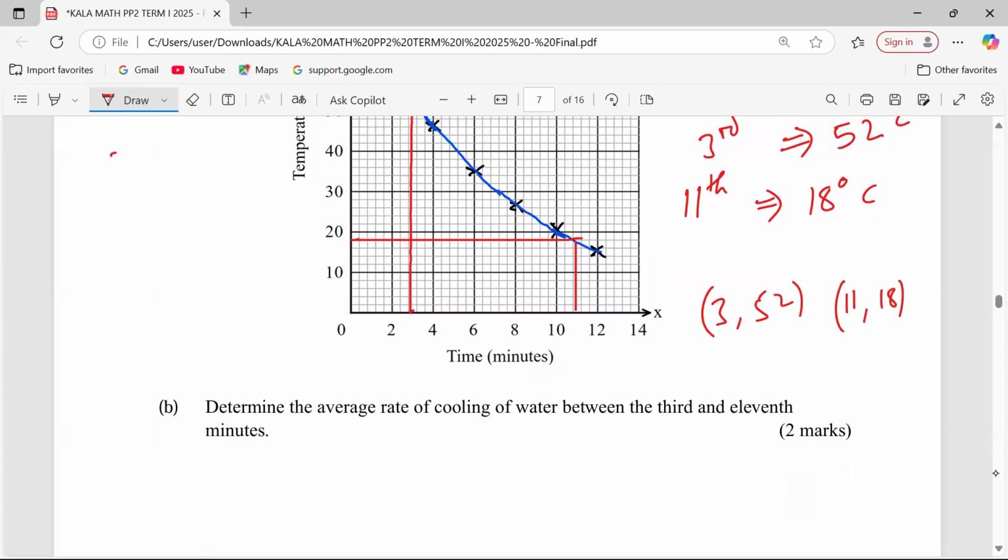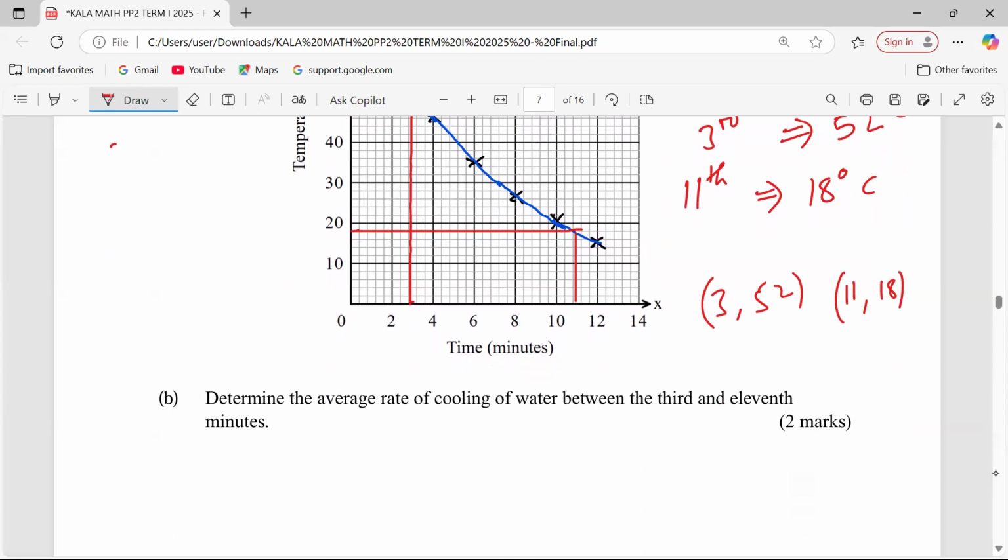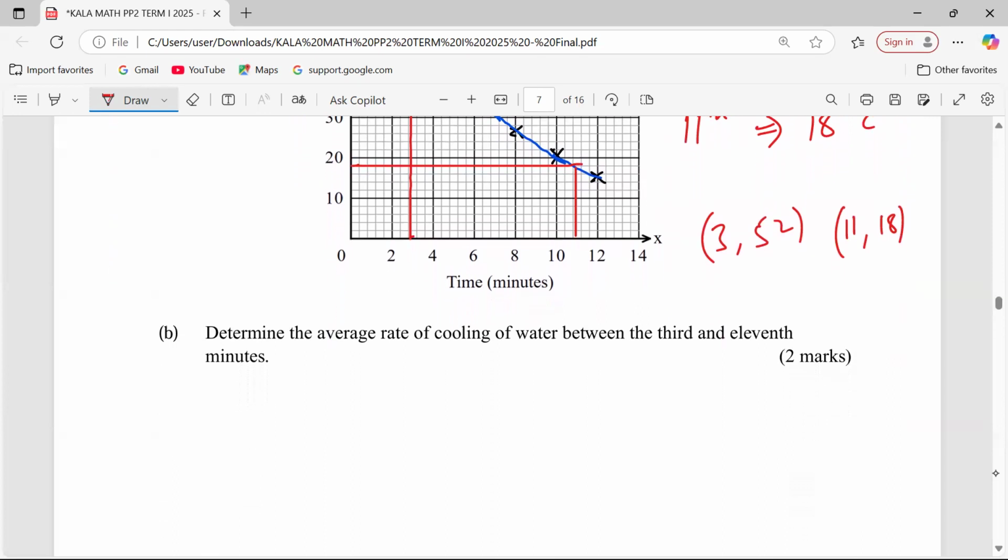So that we take change in temperature with time. So from 52 to 18, it took us from 3 to 11. So this shall be 52 minus 18, giving us 34 out of 3 to 11.